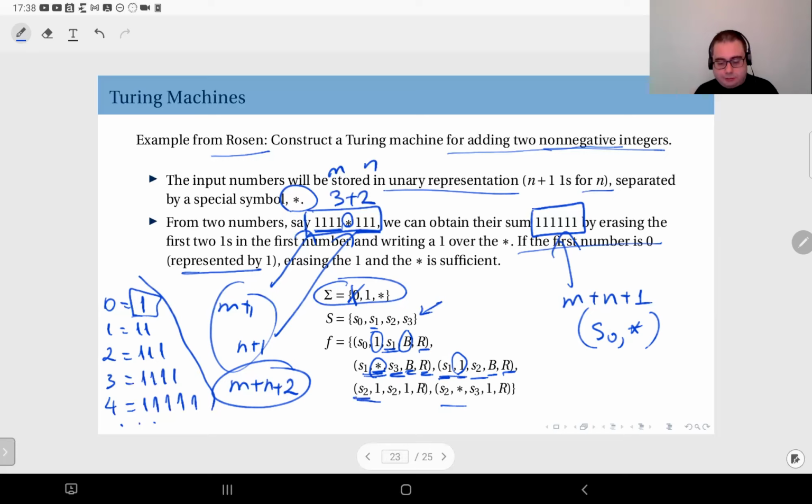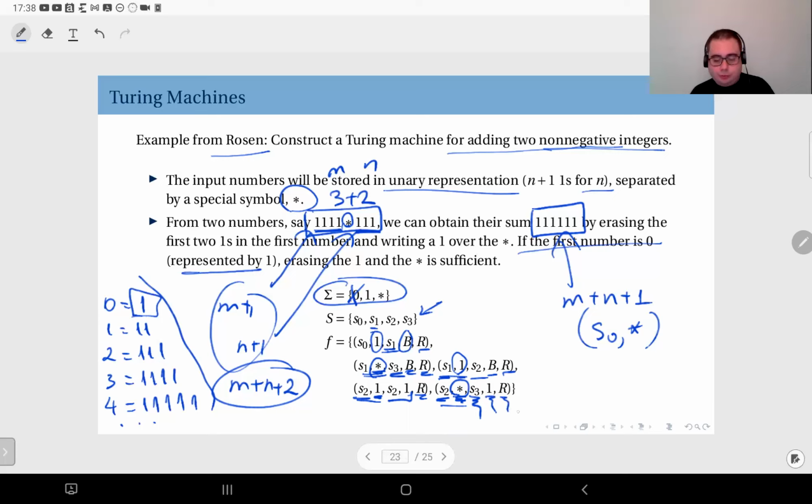In state S2, if I encounter a 1, don't edit the tape, just move right until you find the separator. When my state is S2, if I find the separator, simply go to S3, which is the final state, remember, and instead of this separator, put a 1 and move right.